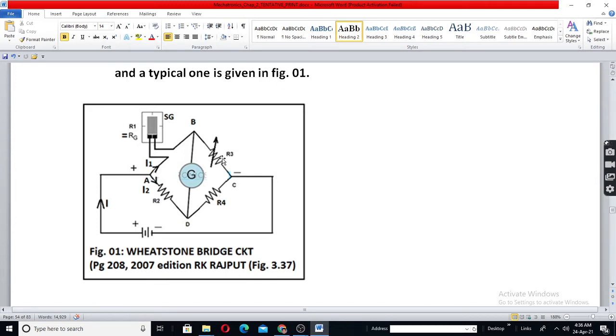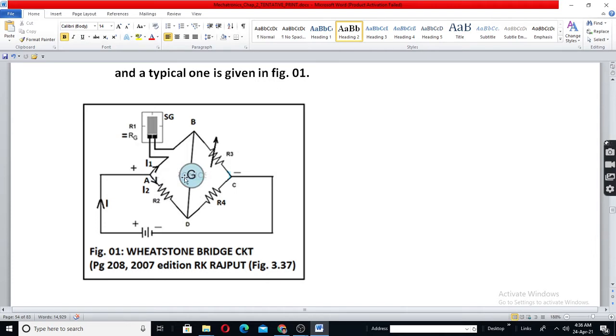You will set R3 such that the galvanometer deflection is 0. Say this is a voltmeter. When you apply force, the resistance of the gauge in this branch changes. Because of that, it will give an indication.